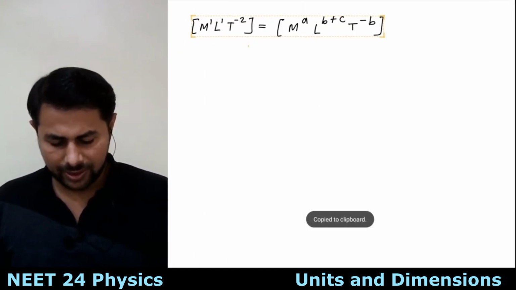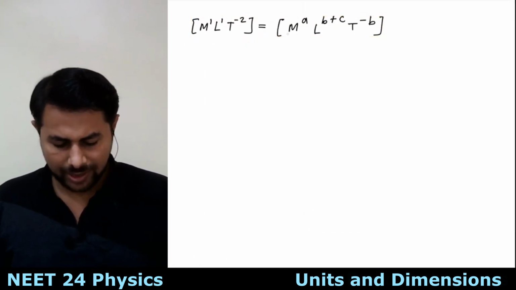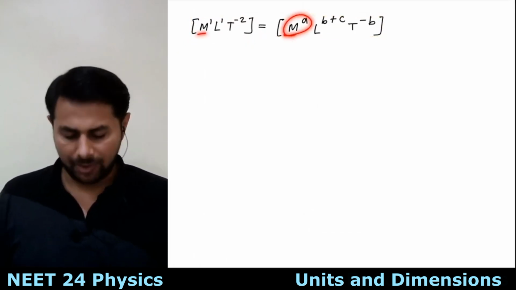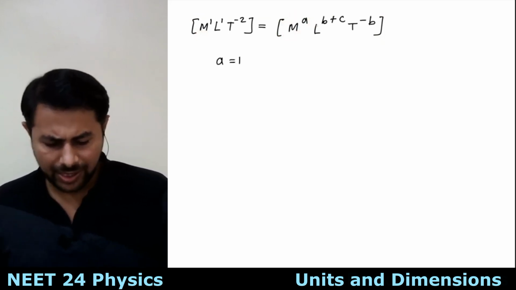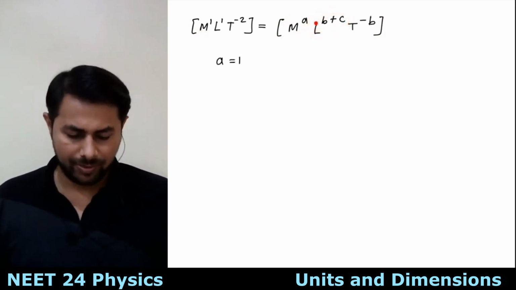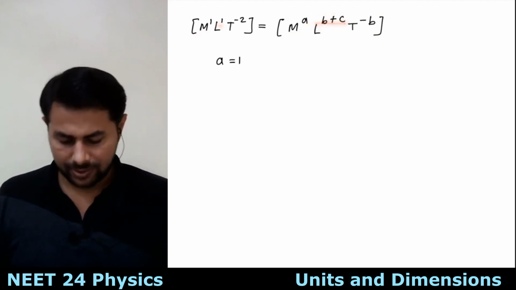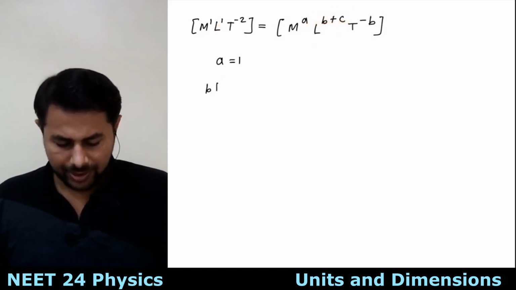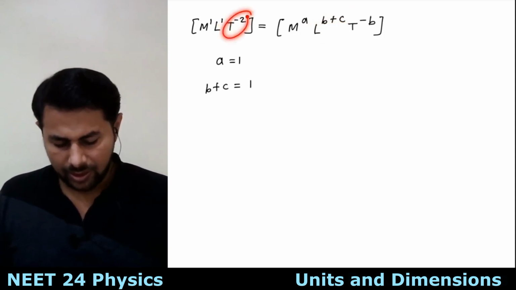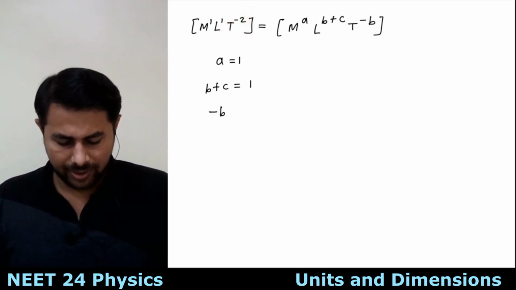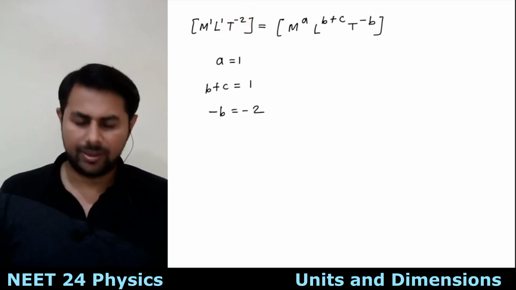So we got this thing. If you match dimensions of M, you get a equals 1. You match dimensions of L, so b plus c must be equal to 1, right? And then you have T raised to minus 2 is minus b, so minus b is equal to minus 2, that means b is equal to 2.